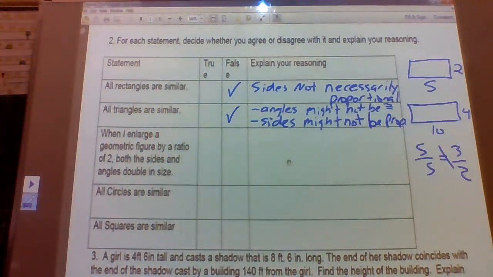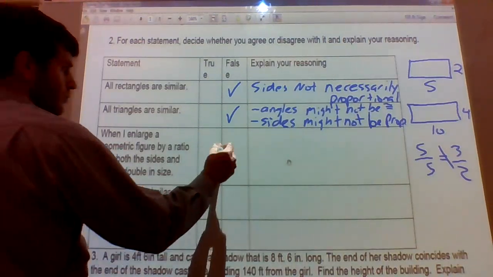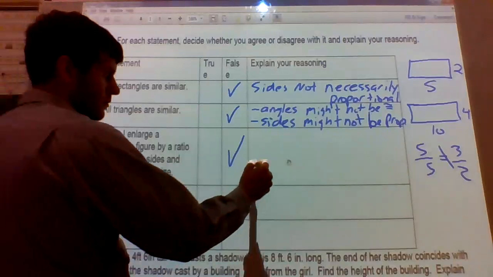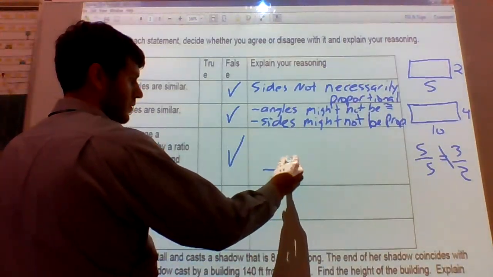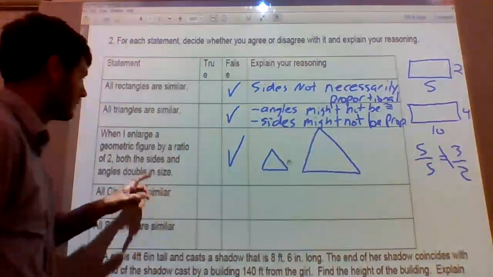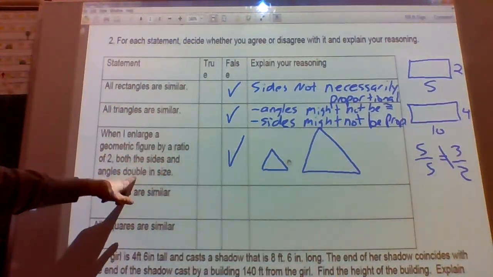When I enlarge a geometric figure by a ratio of 2, both sides and angles double in size. This is a no. So if we have a small figure and we enlarge it by twice its size, both the sides and the angles double in size.